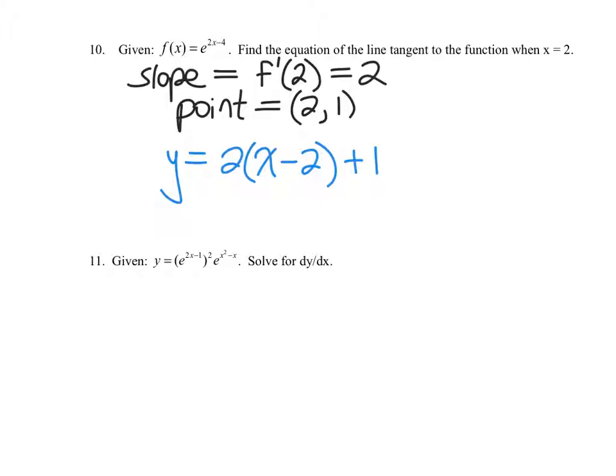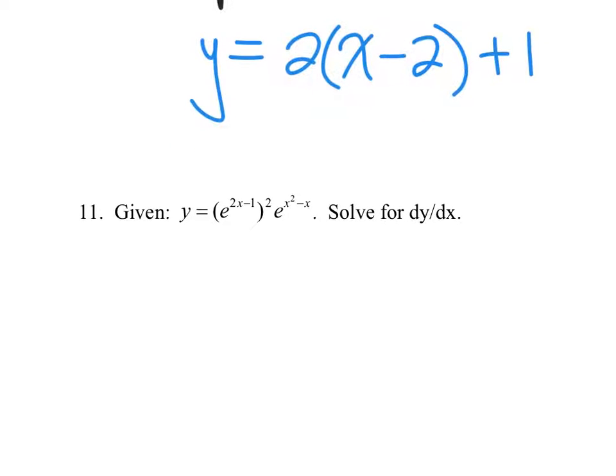Product rule, chain rule. Or possibly simple multiplication. Let's try simple multiplication first. So power to a power, multiply your exponents. E to the 4x minus 2 times e to the x squared minus x.